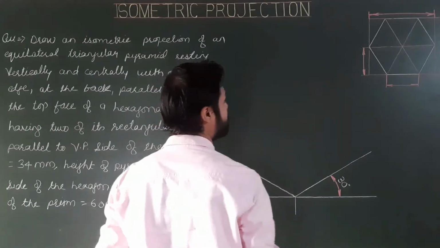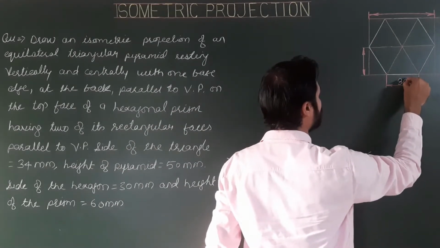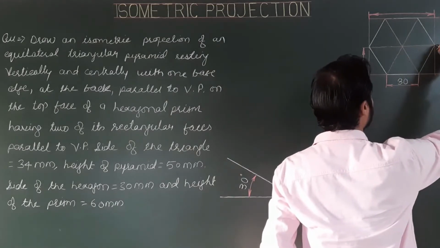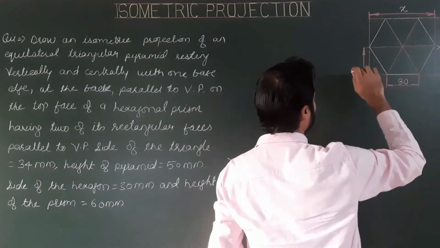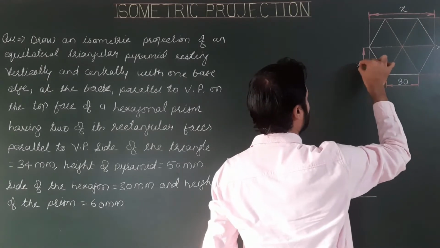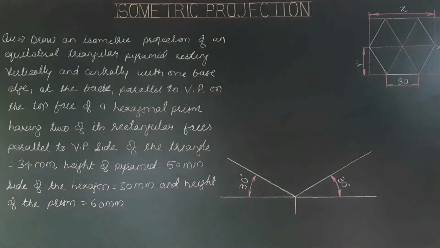So now we have size of hexagon 30, height of helping figure Y, length of helping figure X, and location or height of the center Y dash.